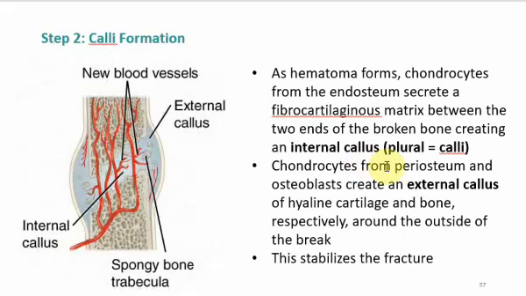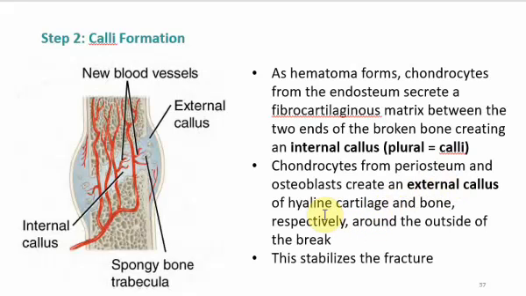The chondrocytes from the periosteum at the same time, and also the osteoblasts, will create an external callus. So you've got an external callus toward the side of the periosteum of the bone, and you have an internal callus toward the side of the medullary cavity.